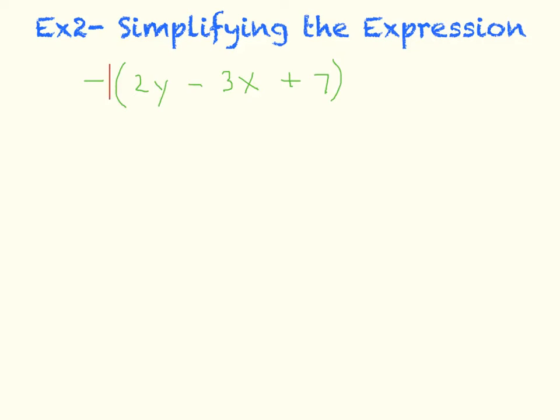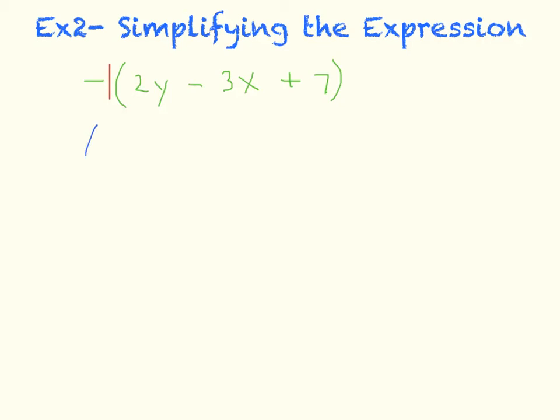We can distribute the negative 1. And again, remember, the word distribute should kind of bring about the idea of handing out, passing out. So we're going to now hand out, distribute this negative 1 to all 3 terms.